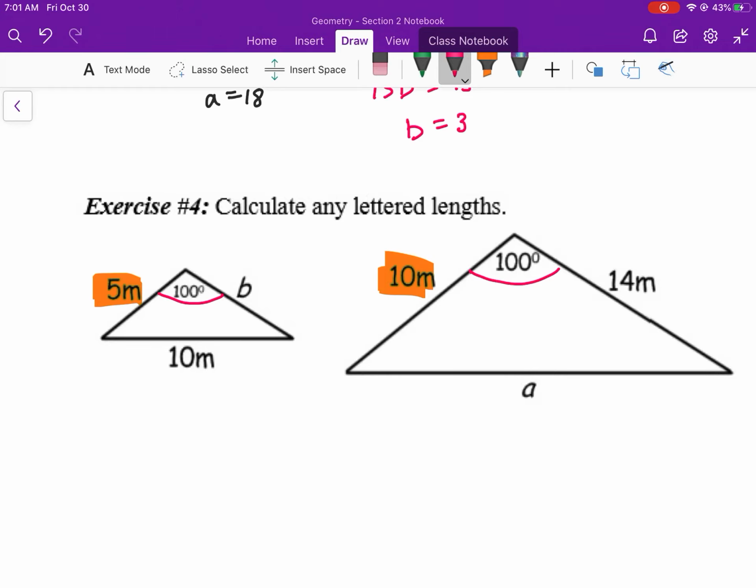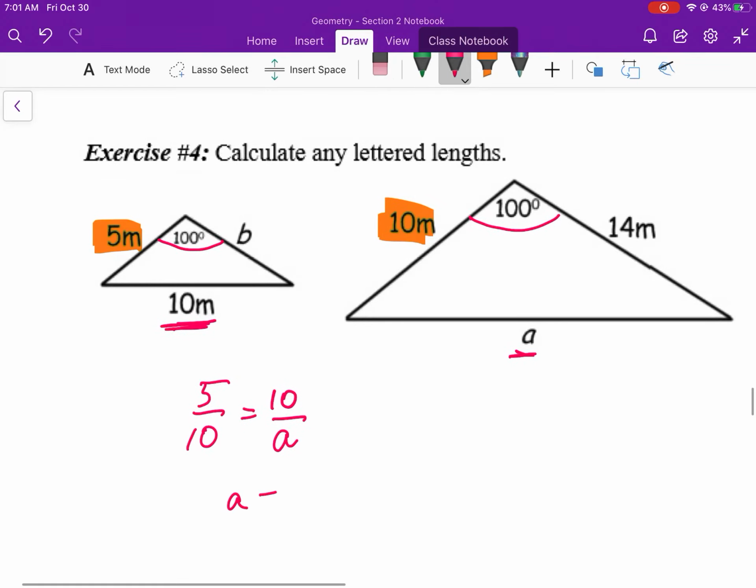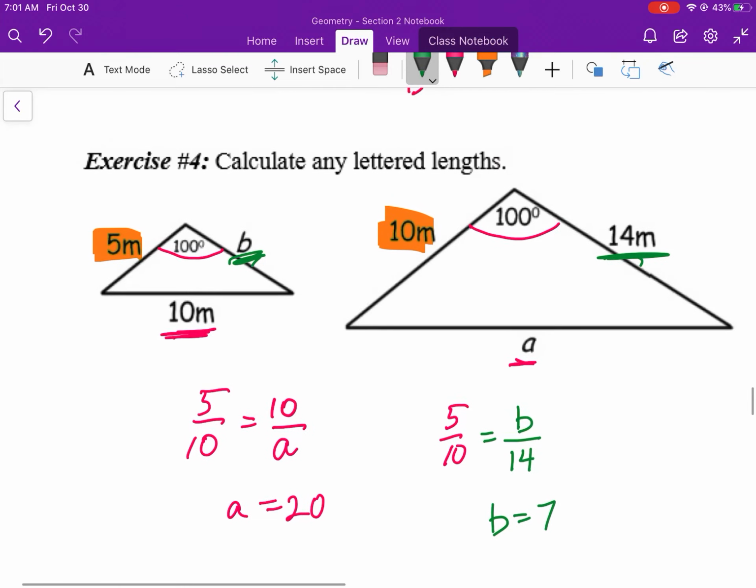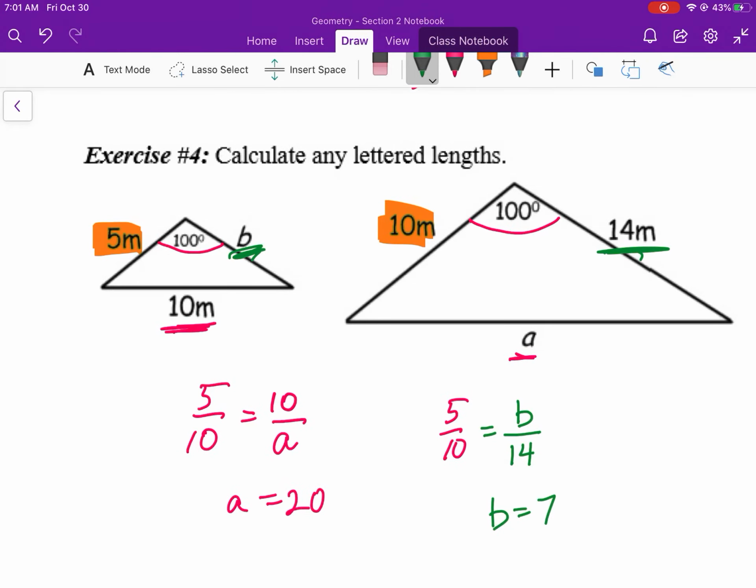So 5 over 10, and this 10 down here is going to match with this A. So 10 over A. And then that means, of course, A is 20 because it's twice as big. And then I have 5 over 10. I have B and 14. B has to be on the top because I'm putting the little triangle on the top, 14, so I know that B is 7. Okay, that's all we're doing, is just similar triangles. All right, good luck.